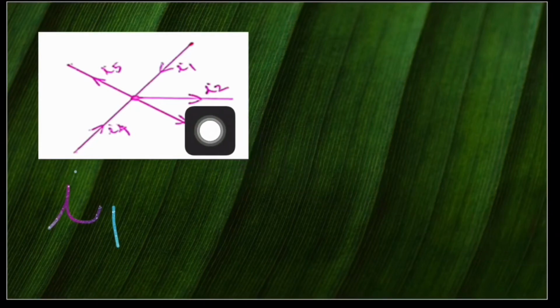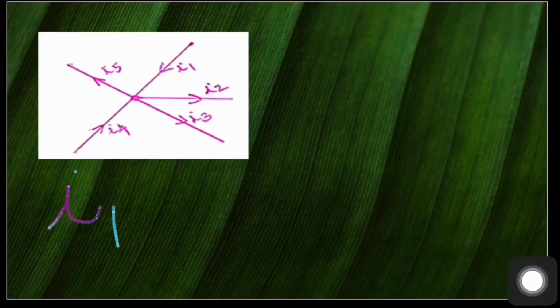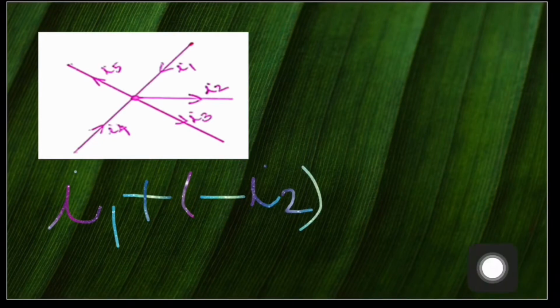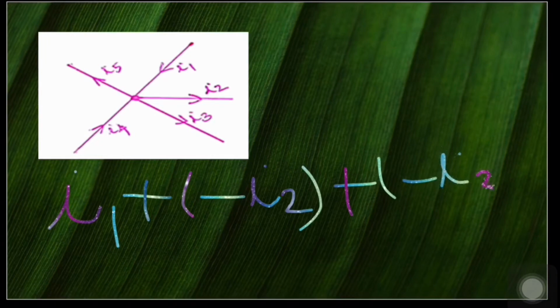Then the current I2, which is an outgoing current. So we assign a negative sign to this current and add a term minus I2 to our KCL equation. Next we have current I3, which is again an outgoing current. So which term should we add to KCL to represent I3? We should add minus I3.